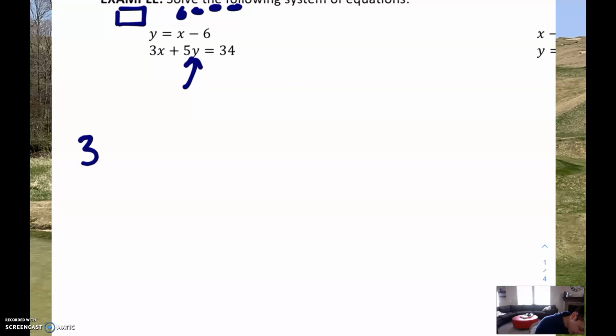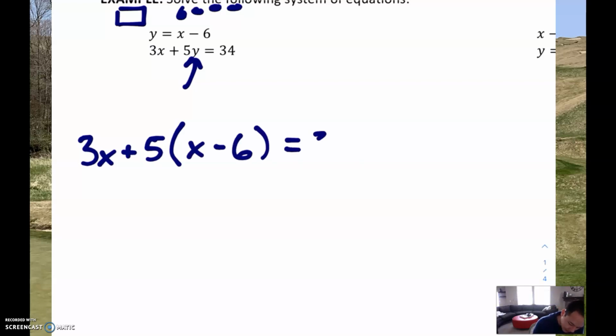We have 3x plus 5, and now we're replacing the Y, that dollar bill, with the messier version of it, that stack of coins, and we get equals 34. So all we did, just to summarize, we know that y is equal to x minus 6, so wherever we see a y, we substituted it with x minus 6.